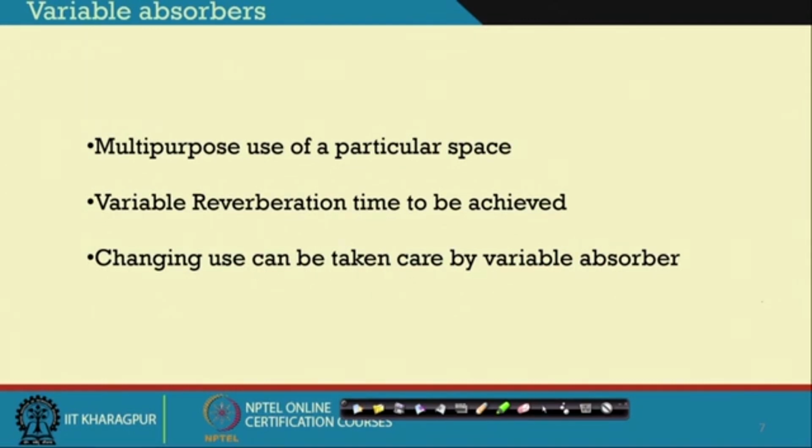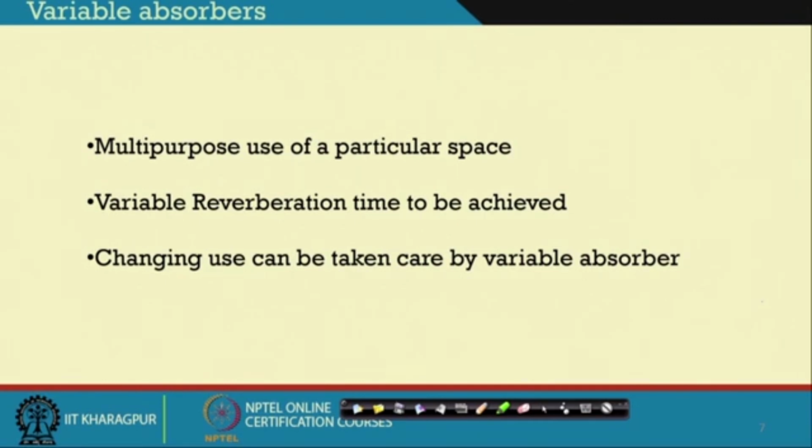It may be for a speech, the principal or some visiting guest can come and give a lecture. At the same time we can have some small functions going on inside, and it is not always possible to keep on changing the space. So, we can adopt some mechanism to change the absorption of a room while staying in the same place.